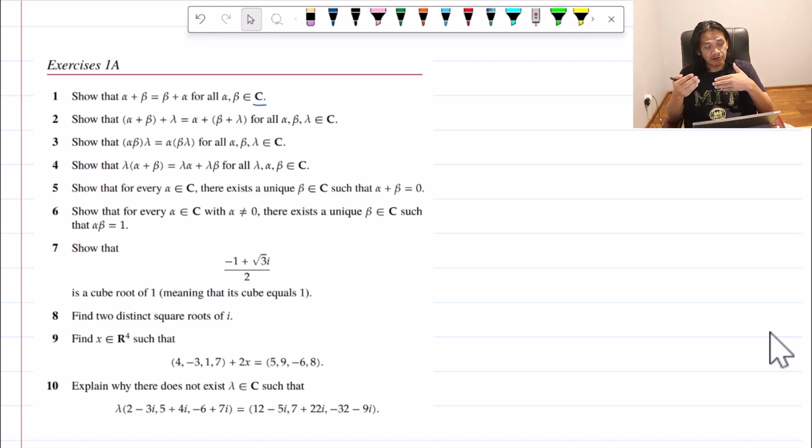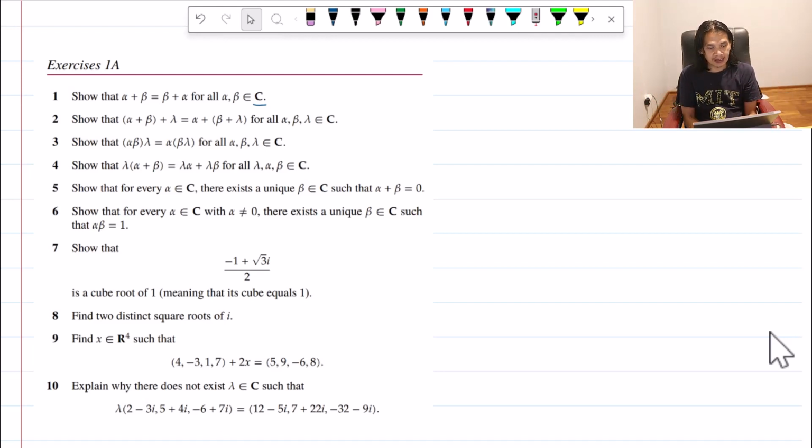Because in real numbers we have all of these properties: associativity for addition, associativity for multiplication, and distributive property for multiplication and addition, then it will carry over this property to complex numbers.